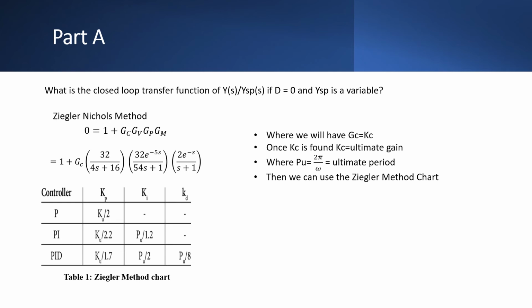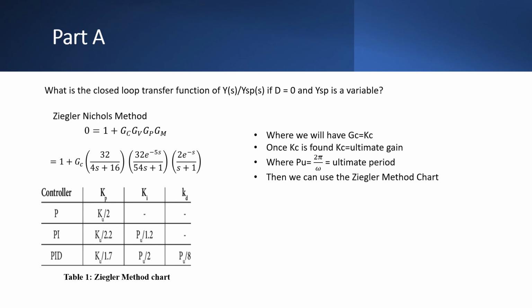So we can use the characteristic equation, 1 plus loop, as shown under the Ziegler-Nichols method, which is 0 equals 1 plus GcGvGpGm for our situation. Once we plug in the variables, we always have 1 plus all the variables given, only Gc is missing.